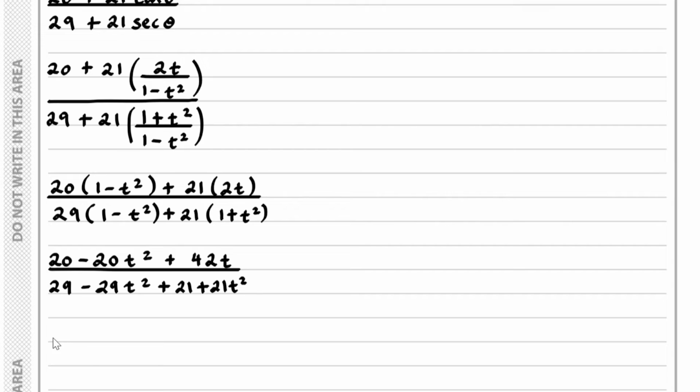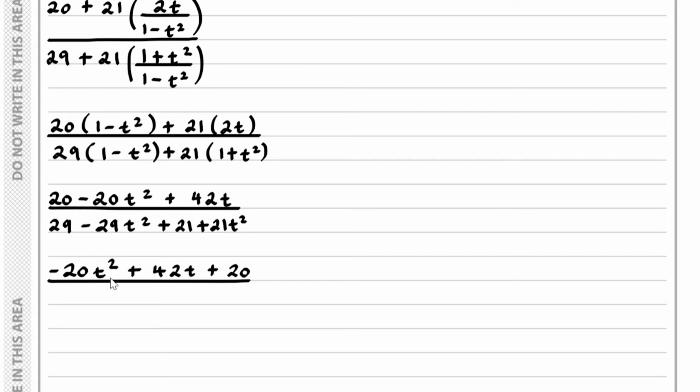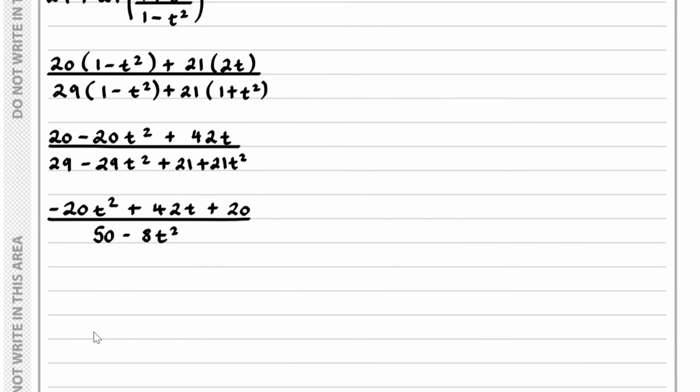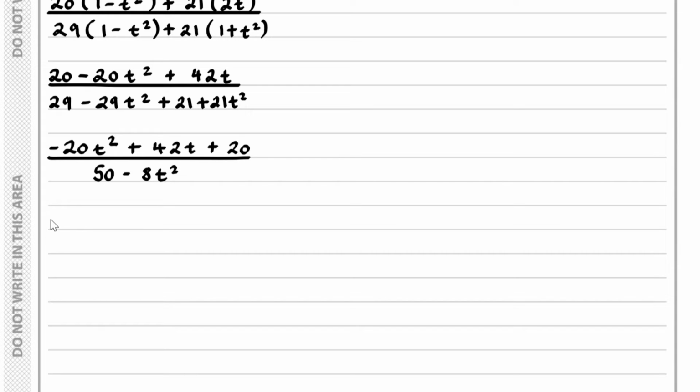And if I simplify, on the top we would have negative 20t squared plus 42t plus 20, and on the bottom we would have 50 subtract 8t squared.